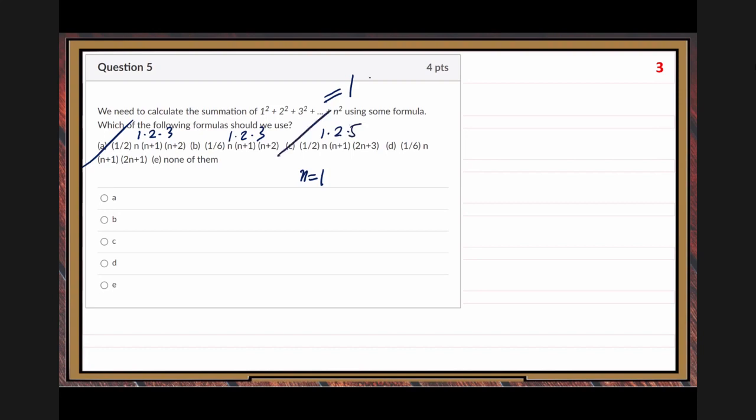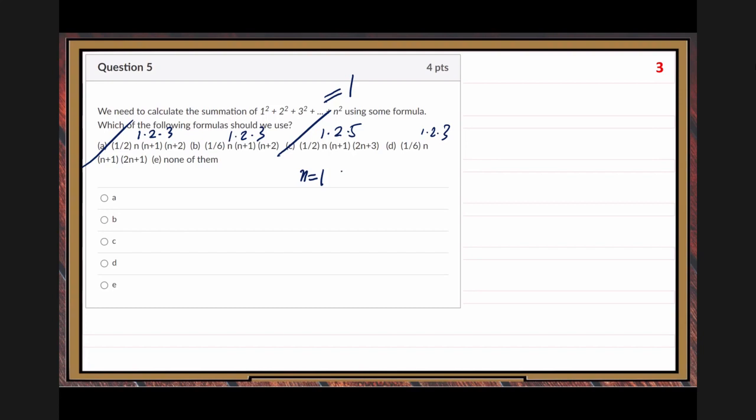Gone. So in the first round, A and C are eliminated. D, 1 times 2 times 3, divided by 6, that's 1. So B and D are left after the first round of elimination.